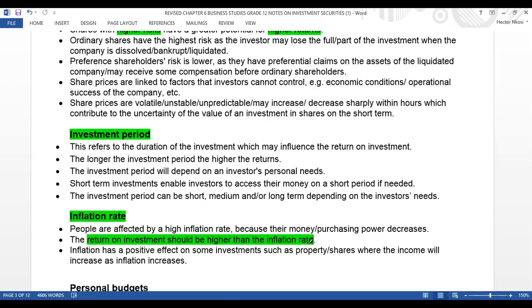Even though you're not willing to go study business studies, you need these skills going forward. The last bullet now is inflation has a positive effect on some investments, such as property or shares, where the income will increase as inflation increases.